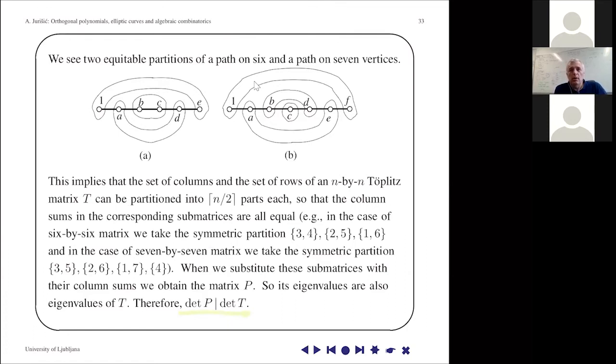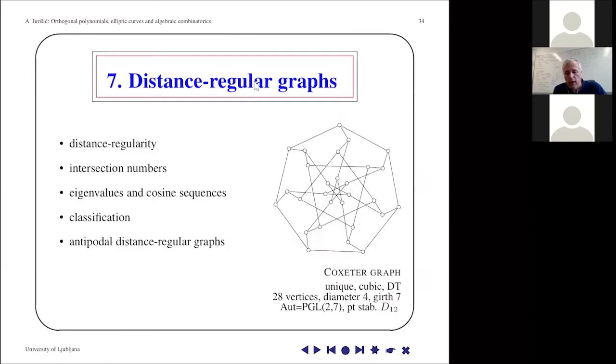It's nice that eigenvalue techniques actually help us answer questions which seem very algebraic, or solely algebraic.